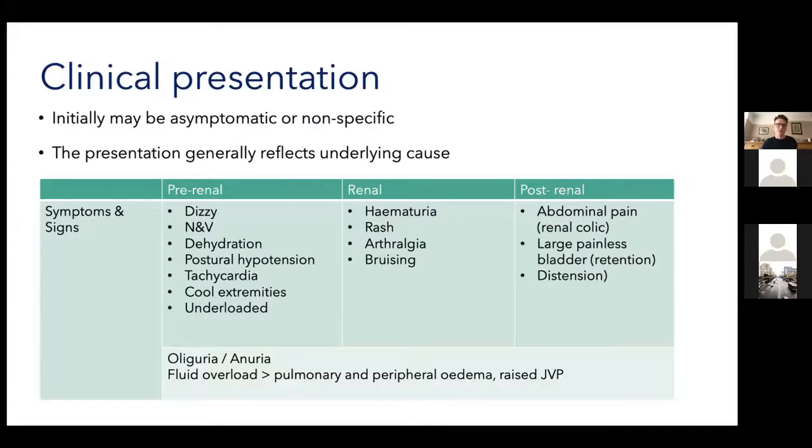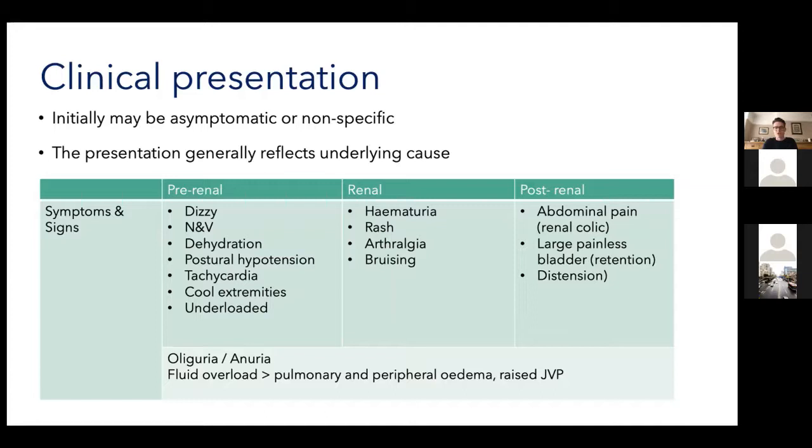Okay, so the presentation of AKI is often asymptomatic until later on. And generally, the symptoms reflect the underlying cause. So in pre-renal, it's those signs of hypovolemia: dehydration, tachycardia, cool extremities, and just looking underloaded, you're going to be fluid deplete.